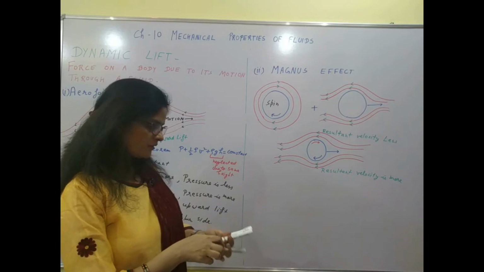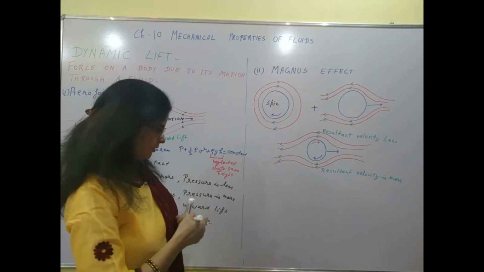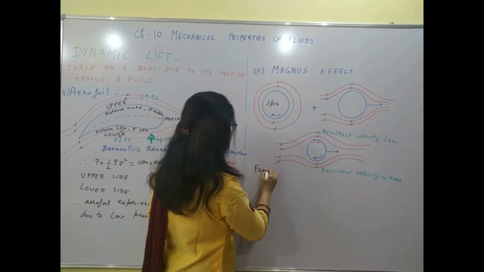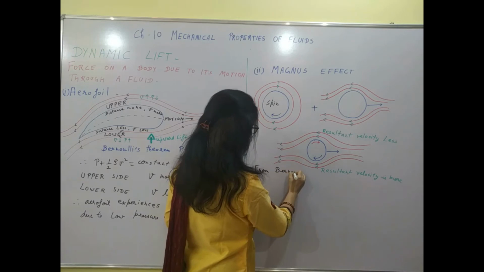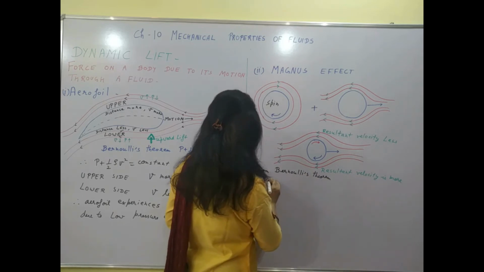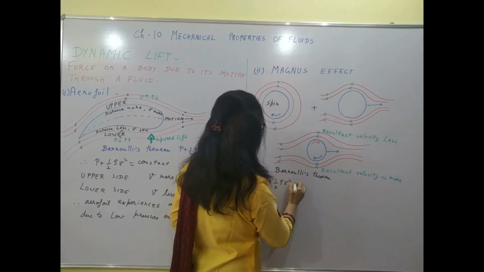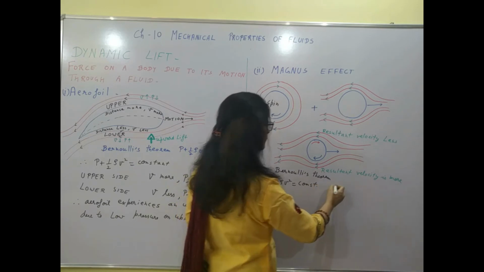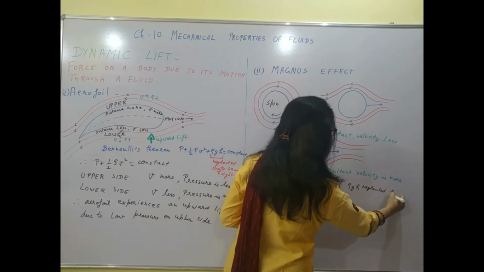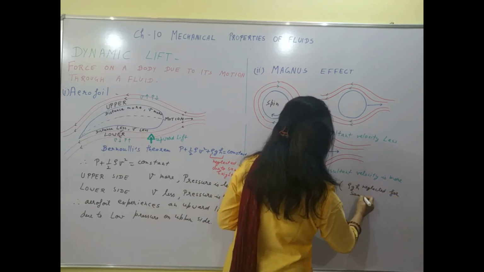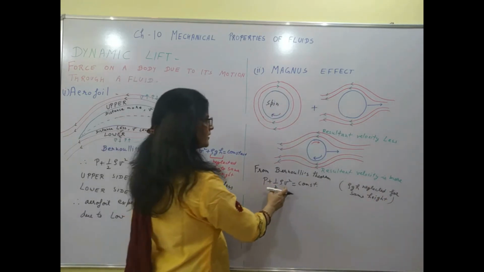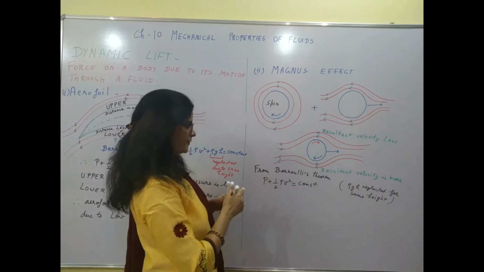If again we apply Bernoulli's theorem for the same height, P plus half rho V square is equal to constant, rho g h neglected for the same height, right? So again, when velocity is more, pressure is less.